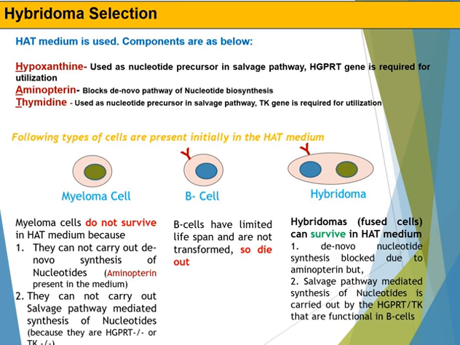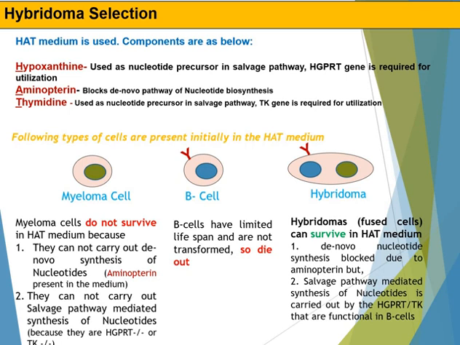In myeloma cells, we said that the cell is mutated in the TK gene or the HGPRT gene. What does this HGPRT gene do? HGPRT gene is required for making nucleotides in a salvage pathway. Actually, for nucleotide biosynthesis, there are two pathways.